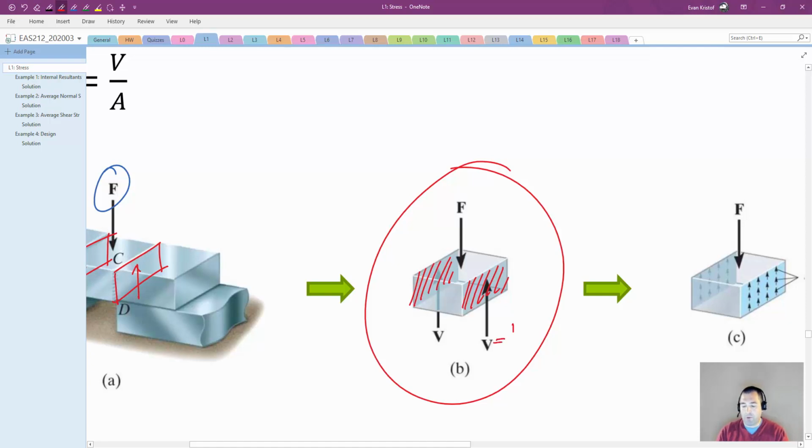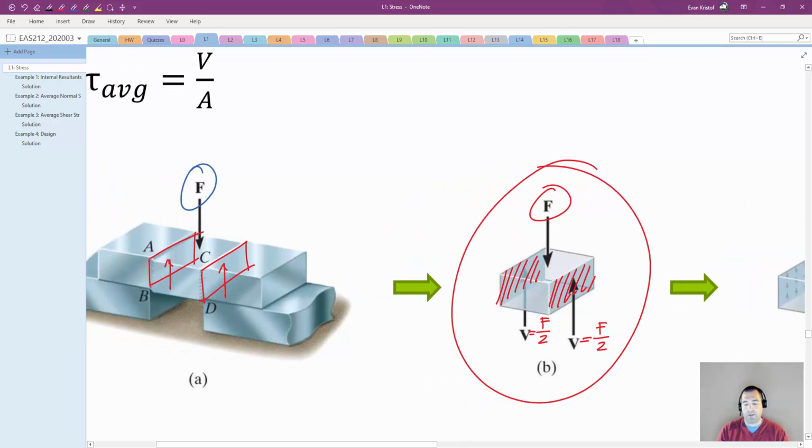You can figure out, probably pretty intuitively, and if not, go back and refresh your memory, that each of these shear forces V will be equal to the externally applied force F divided by 2. Now we're not given geometry and everything else, but if we assume that F is acting in the middle of that block, half the load's going to go to one side, half's going to go to the other.